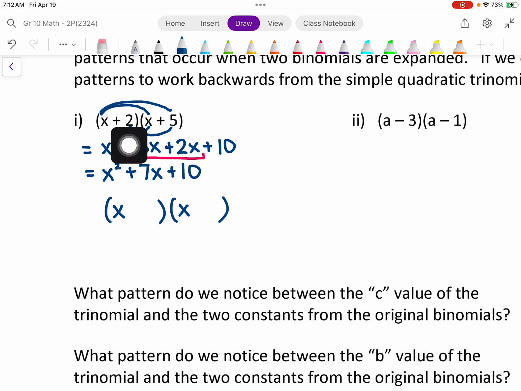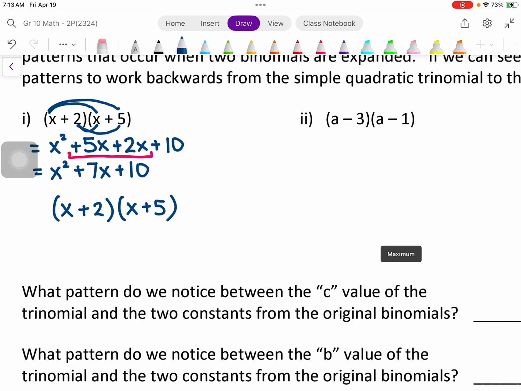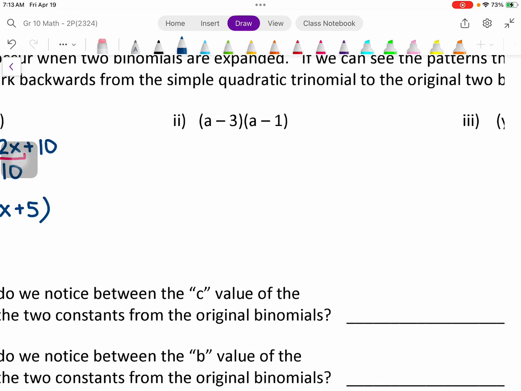So 5x and 2x. And then the 5 and 2 add to 7. So when I'm working backwards, when I'm starting here and I'm trying to figure out the brackets, I'm looking for two numbers that multiply to 10 and add to 7. And 2 and 5 are those numbers, and they're both positive, so I'd have a plus 2 and a plus 5.